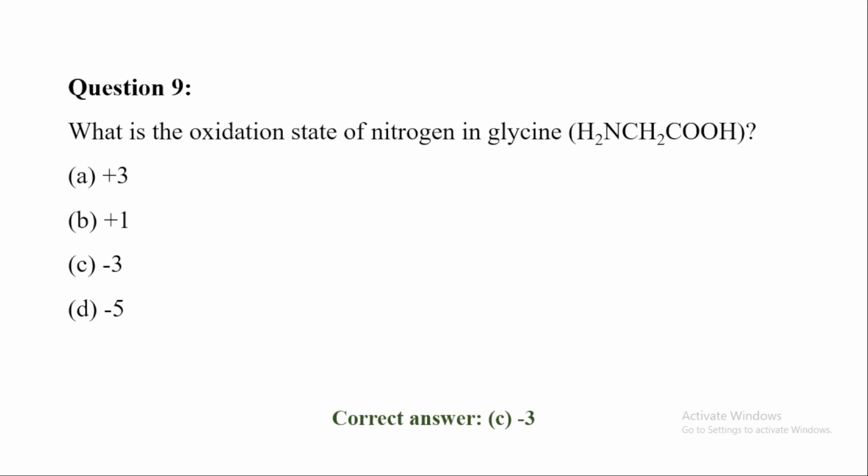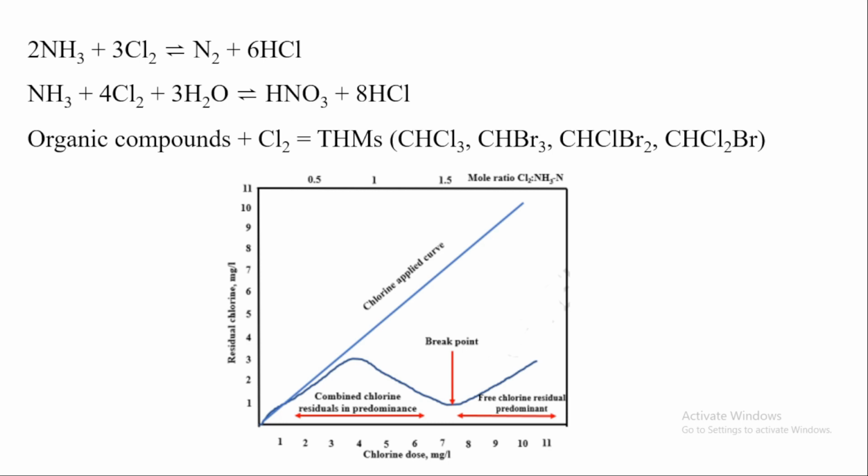So, what is breakpoint of chlorination? If you see, ammonia reacts with the chlorine to form either nitrogen and HCl, or sometimes it can react with the chlorine to form nitric acid and HCl. And the organic compounds can react with the chlorine to form trihalomethanes.